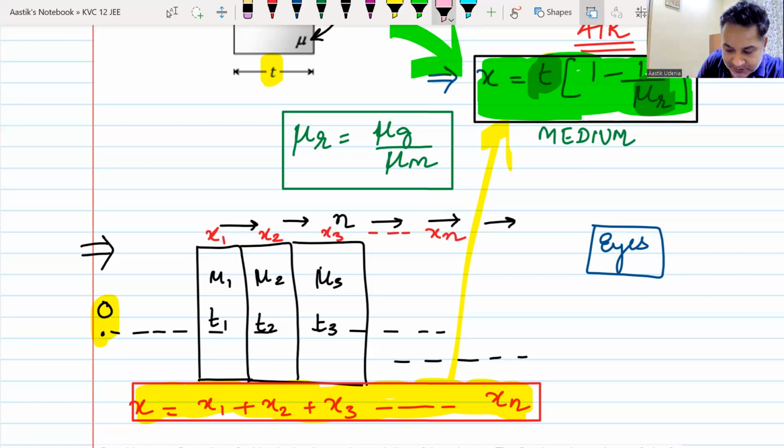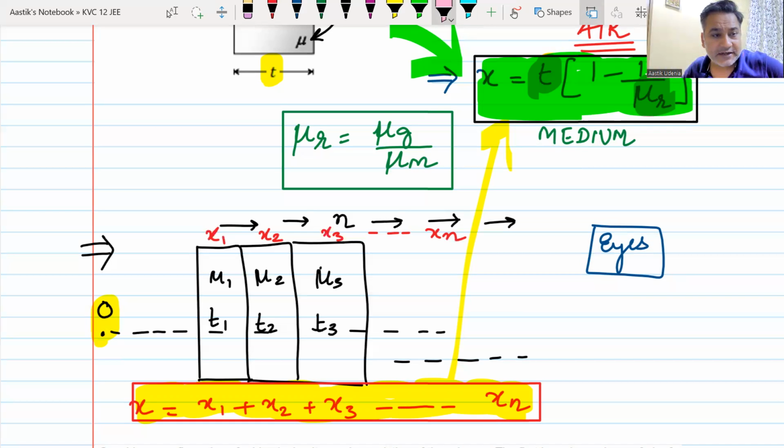Okay, the next heading that we are going to write is the concept of optical path. Now, this optical path may not come now to us, but it will come very handy in the chapter on wave optics. So it's good if we can discuss it now and then we can probably remember it.